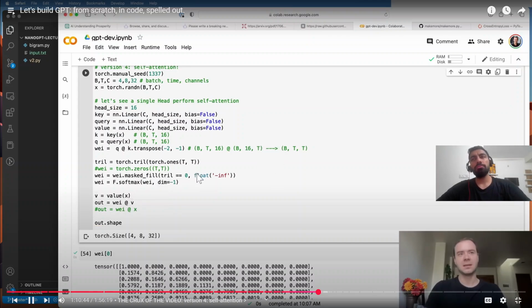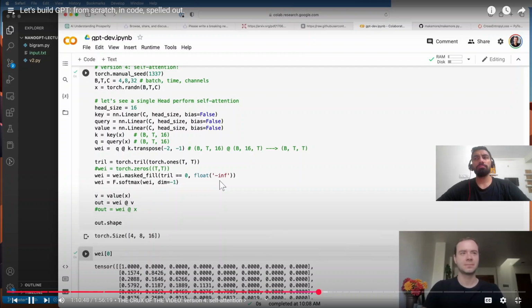So v is the elements that we aggregate, or the vector that we aggregate instead of the raw x.